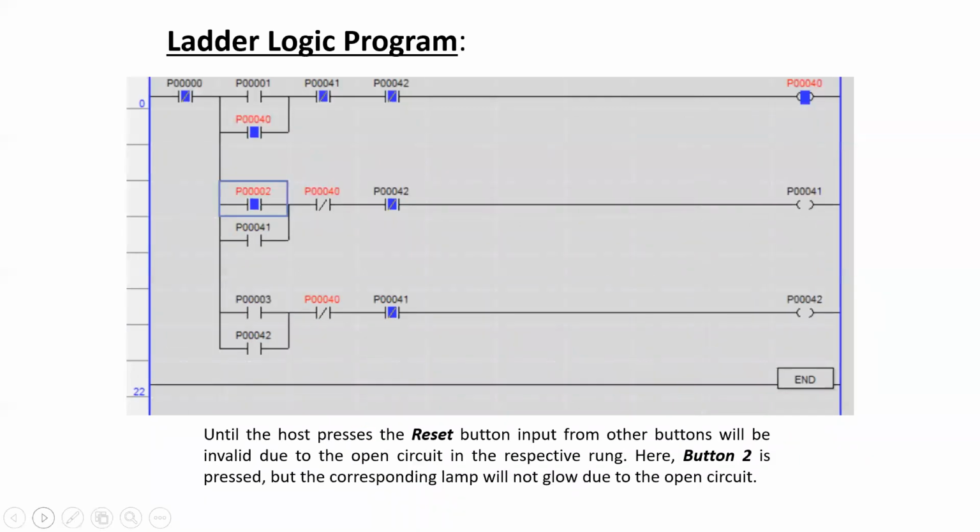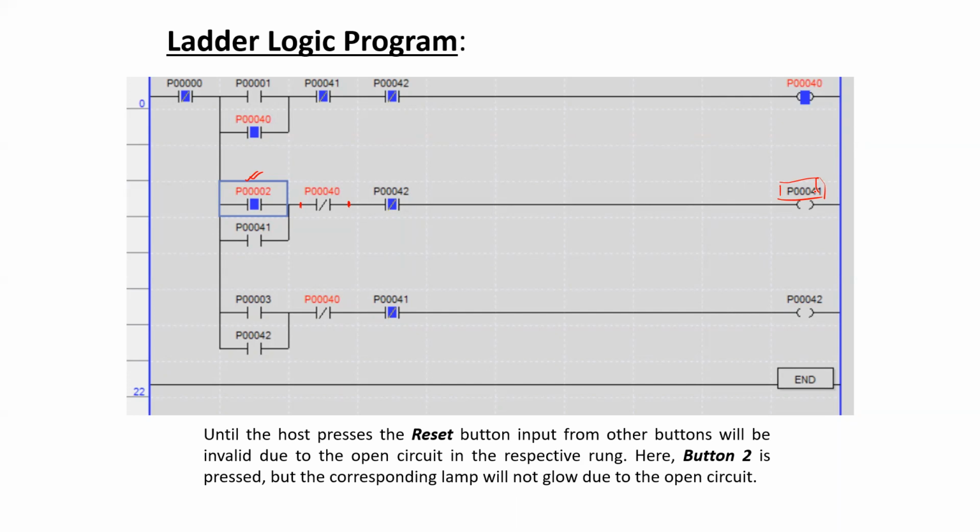Like indicated over here, even if participant 2 presses his button, this contact is going to become normally closed. However, as this other contact was already opened, this will not cause this particular output to get a high signal. So in this way, as participant 1 pressed the button first, the input from the other participants can be disabled.